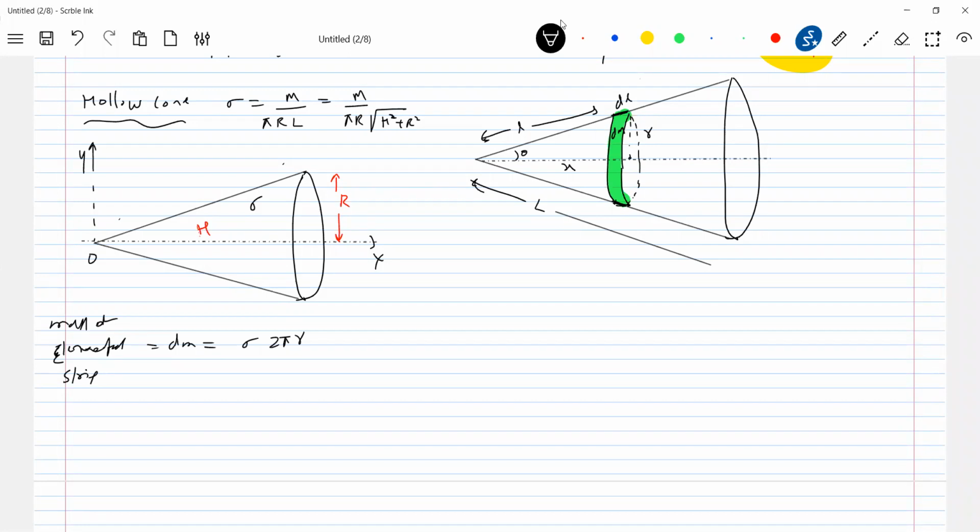This will be 2 pi r into dl, not dx. dx is this one. The slant length will make a difference here.